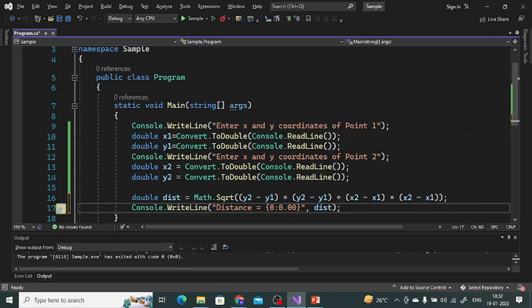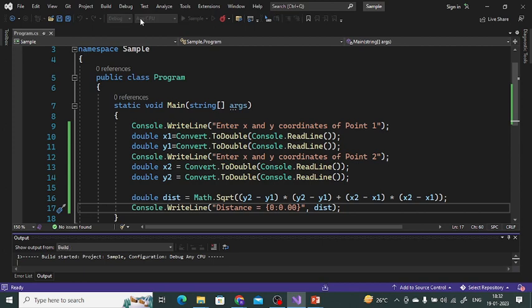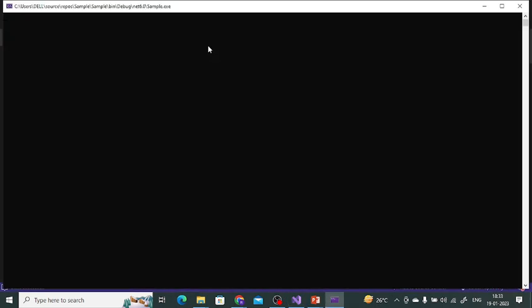Again a very simple and straightforward formula based program, taking 2 points in their x1 y1 coordinates form and finding the distance between the two. Let us compile. Perfect. Let us execute.